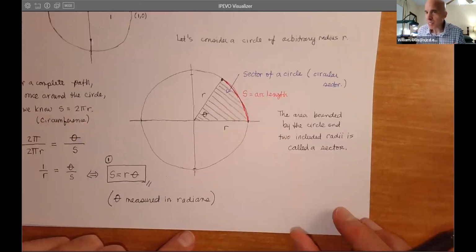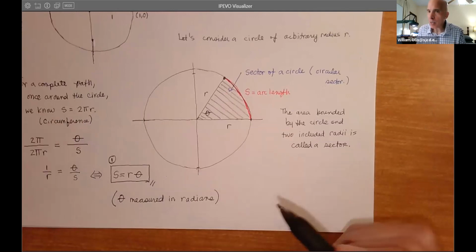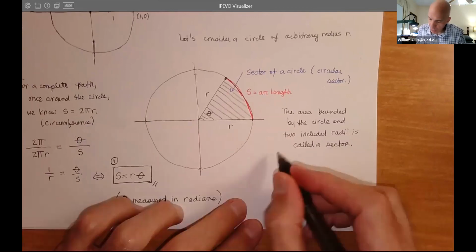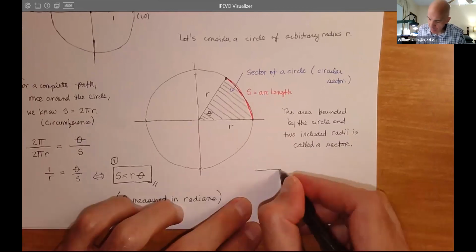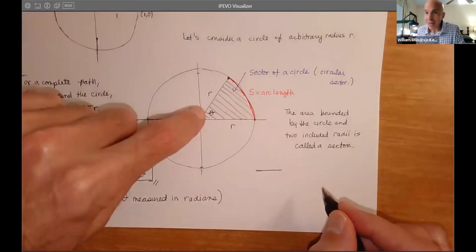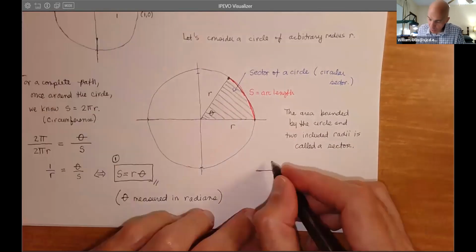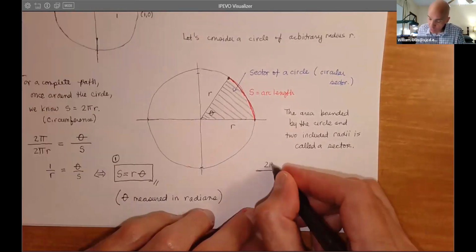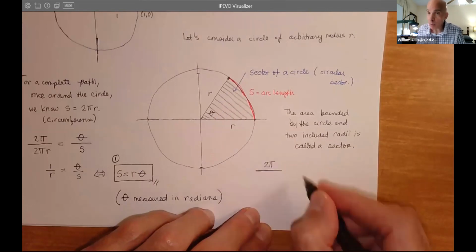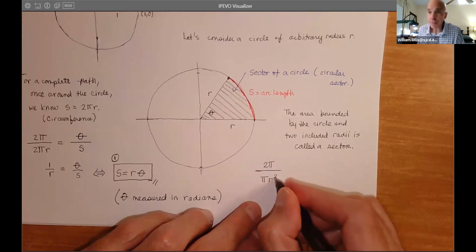So again, we set up a proportion. How do we find the area of the sector? We'll do the same thing again. If we go all the way around, if we have a theta that is the entire circle, that is 2 pi, we know from Euclidean geometry, and you'll even be able to prove this in calculus, that the area of the circle is pi r squared.